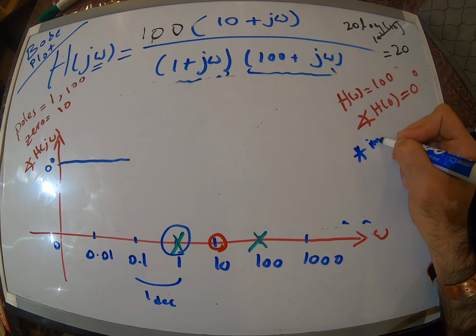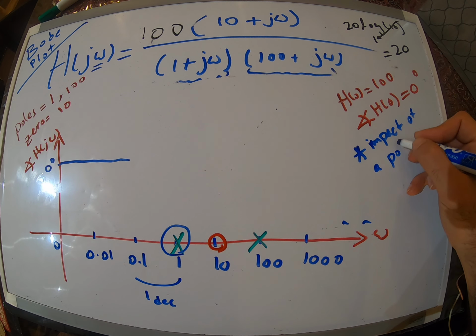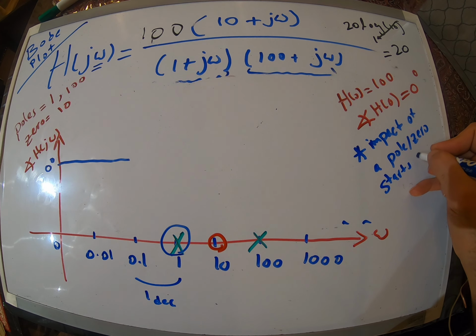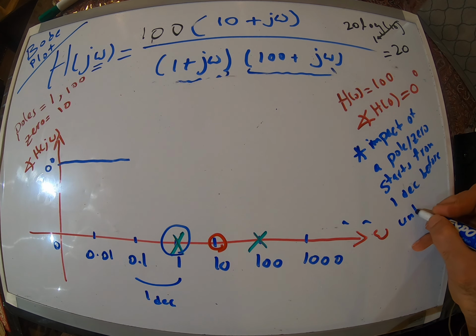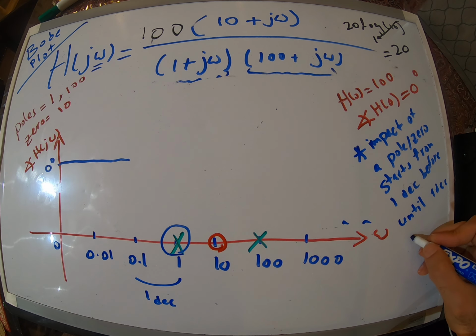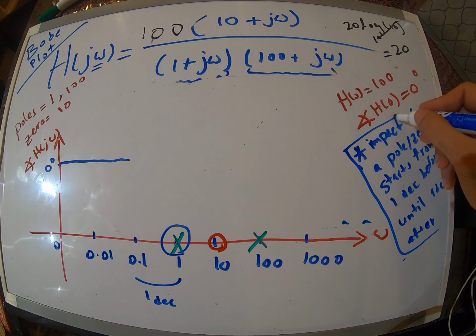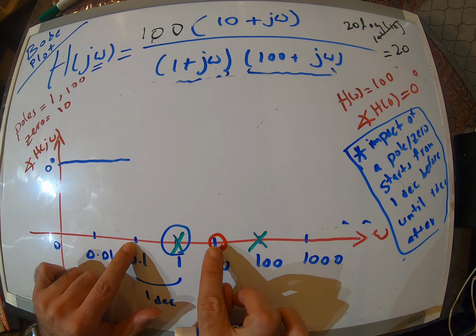The impact of a pole or 0 starts from 1 decade before until 1 decade after. Okay, and so it means that the impact of a pole or 0 only lasts 2 decades.